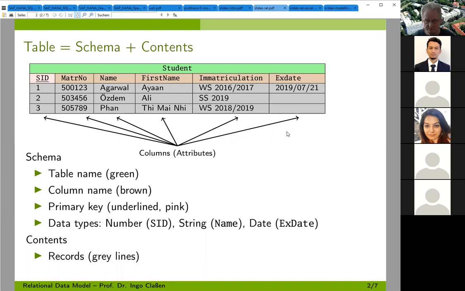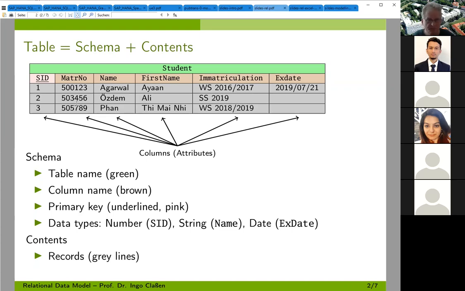Professor, how do we define a primary key? Is there any solid reason to define a certain column as a primary key? So how do we define a primary key? Which column should be the primary key?